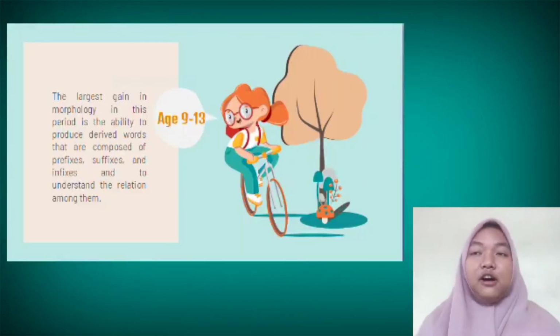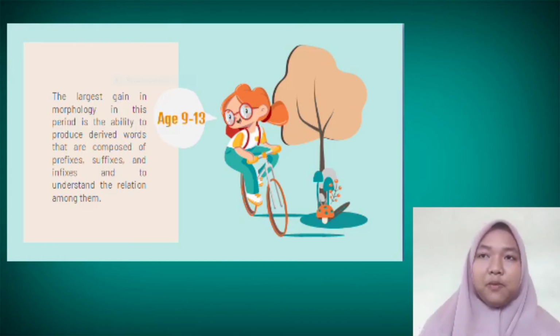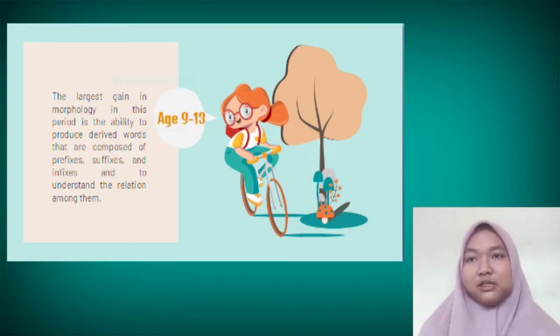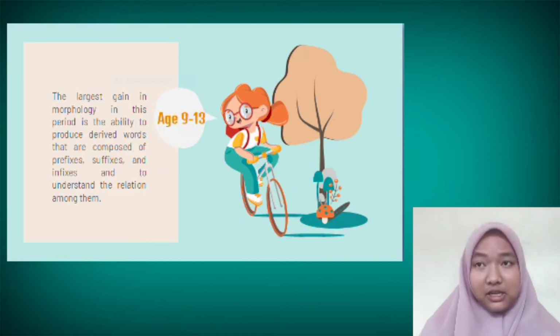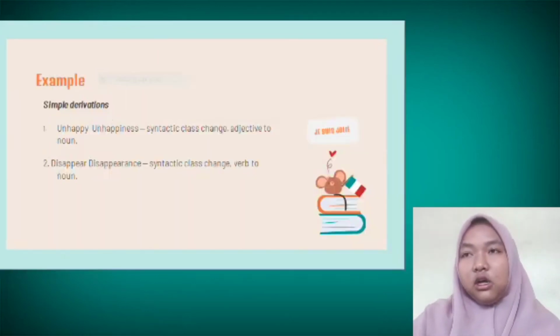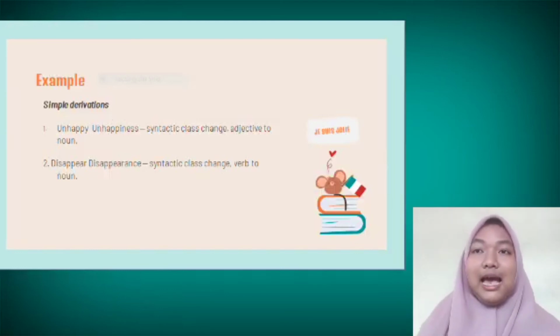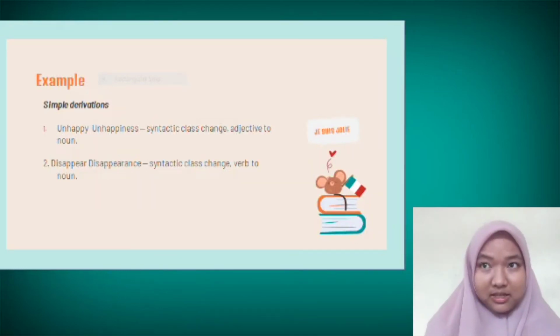And for the age of 9 until 13, the largest gain in morphology in this period is the ability to produce derivative words that are composed of prefixes, suffixes, and infixes, and to understand the relation among them. For example, the first example, unhappy, unhappiness.